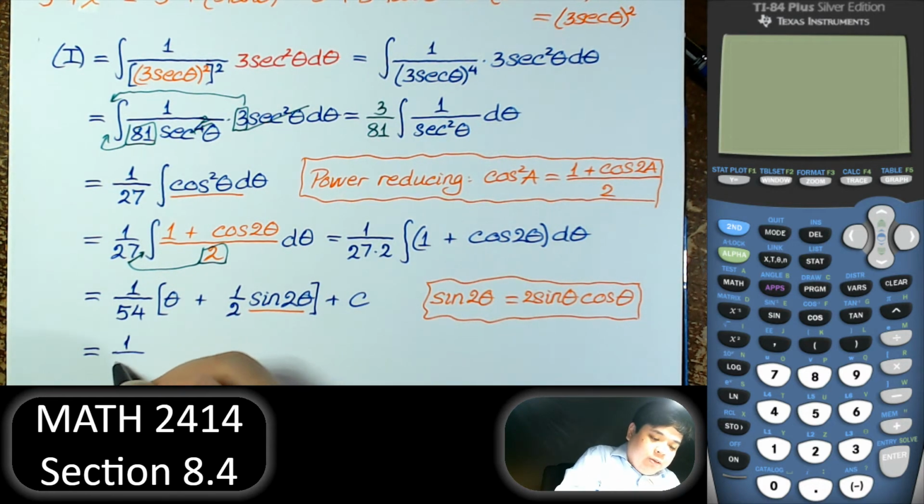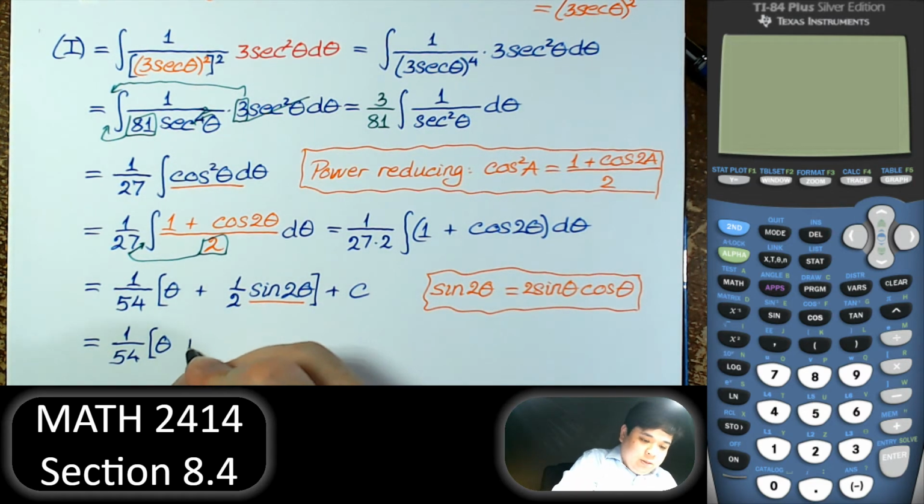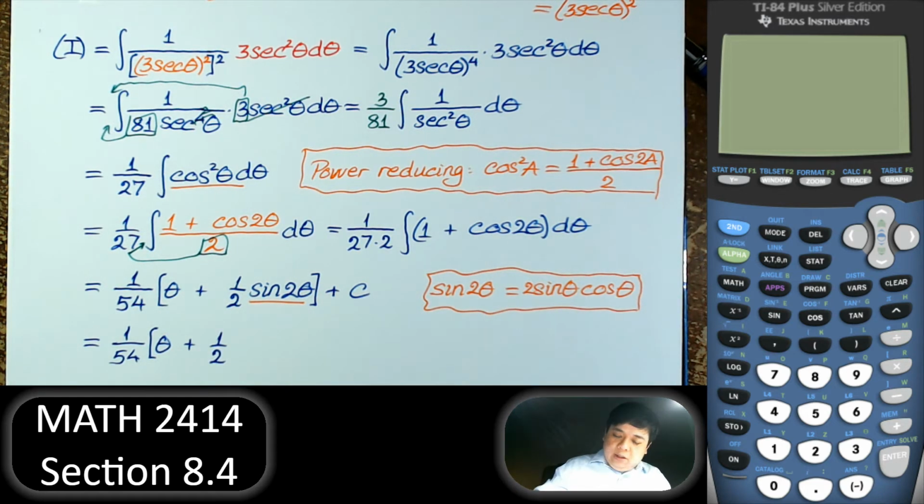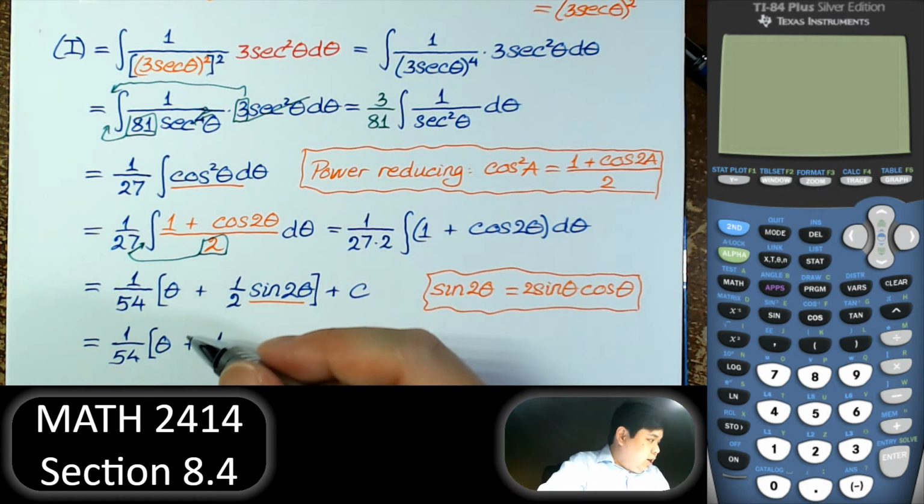So 1 over 54, 1/2, 2 sine theta cosine theta.